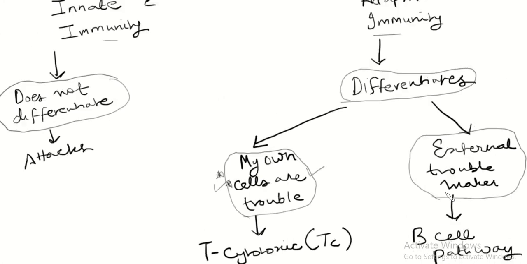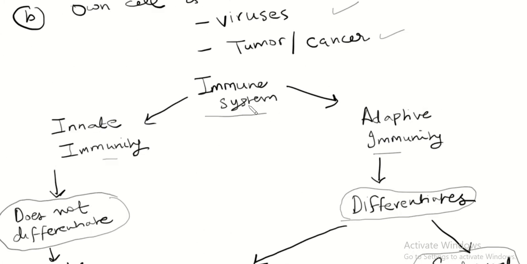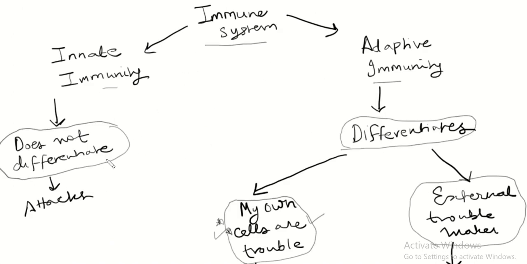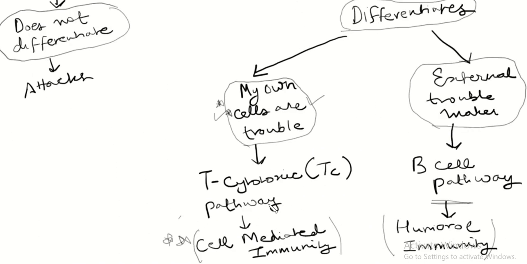So let's go over it one more time. Remember the immune system, you had the innate immunity and then you had the adaptive immunity. Innate immunity does not differentiate. Adaptive immunity does differentiate, and it is subdivided into cell-mediated immunity or humoral immunity. Cell-mediated immunity takes care of things where the cells are in trouble, like cancer or dysplasia of those cells or how the cells change, or if viruses get inside the cell and now they're using cells to create trouble.